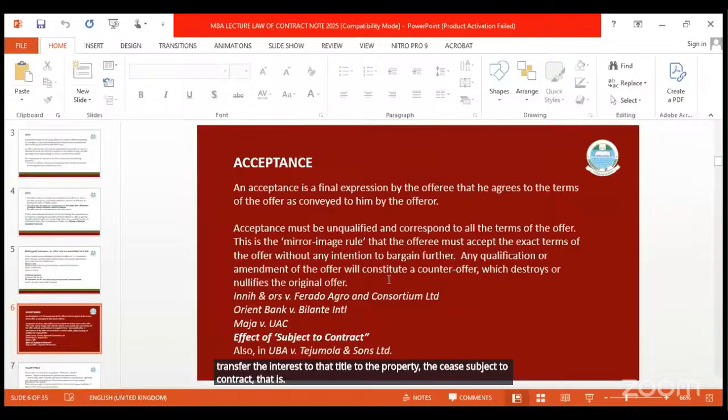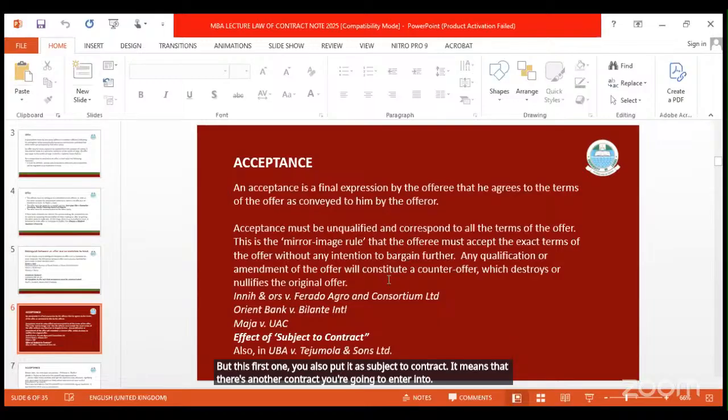That is, you are still going to write a contract in future whereby you will sign and execute that relationship. What you agree on and accept is also in writing, but this first one, you also put it as subject to contract. It means that there's another contract you're going to enter into.